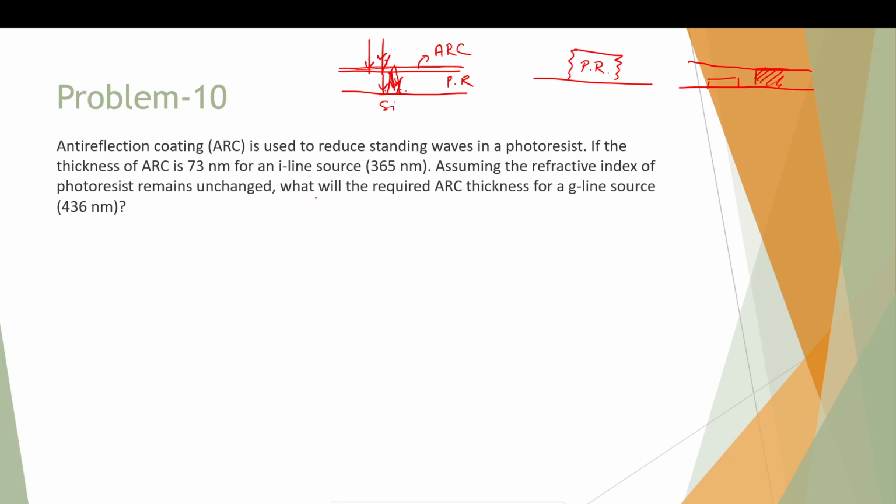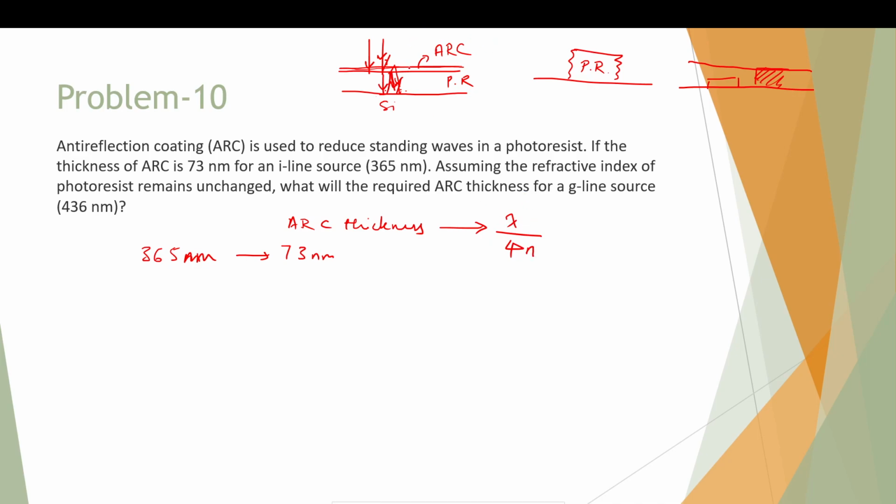Now the question is asking: if the thickness of the ARC is 73 nanometers for an I line source, so for 365 nanometers, the ARC thickness is 73 nanometers. As a rule of thumb, ARC thickness should always be lambda by 4, or since the ARC has some refractive index, it will be lambda by 4n.